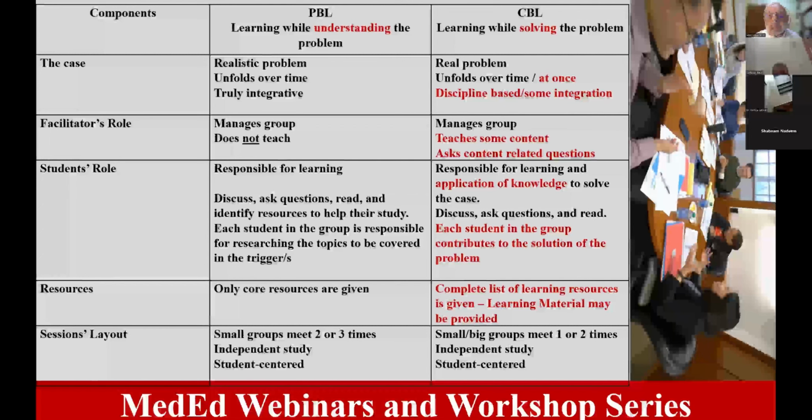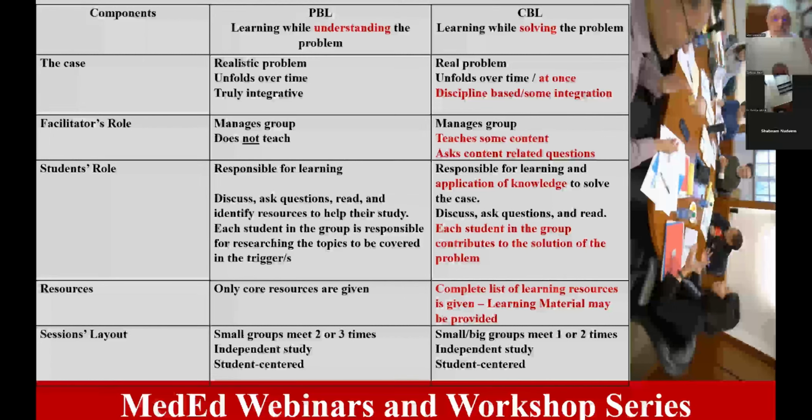Whereas in case-based learning, students are responsible for learning, but additionally, they are responsible for application of knowledge to solve the case. So they have to apply what they have learned previously to solve the problem at hand. Of course, they discuss, they ask questions, they read, and each student in the group contributes to the solution of the problem. So here you can see the contrast between problem-based learning and case-based learning.